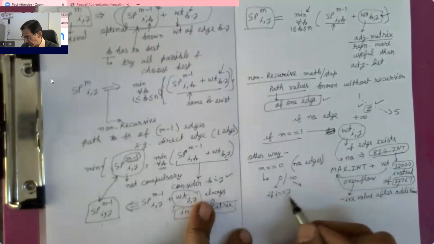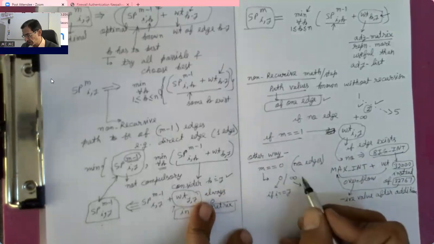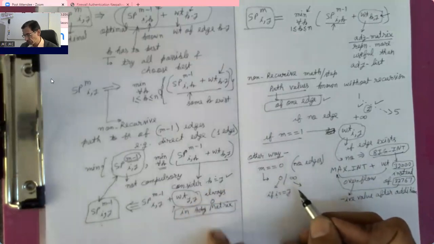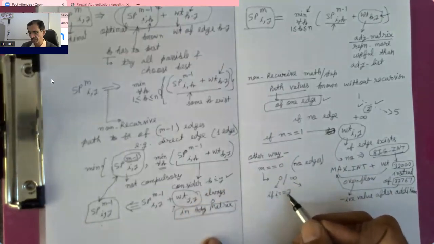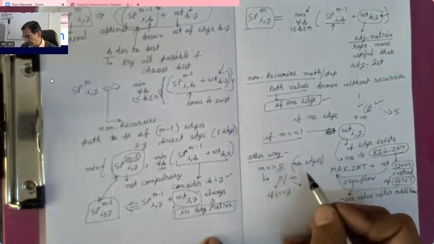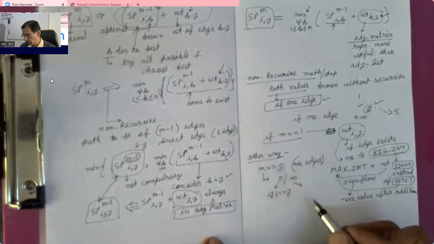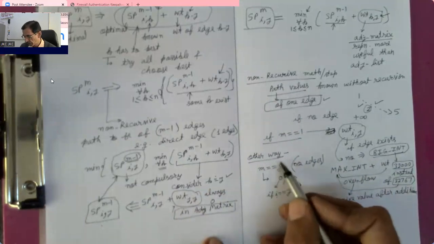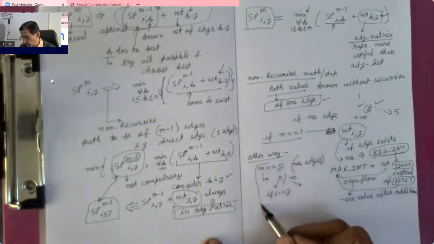If I have to go from the same vertex to itself, no edge is needed, so the shortest path is also 0. For others, if m equal to 0, without any edge, for i not equal to j, the path is impossible. But obviously not much useful.